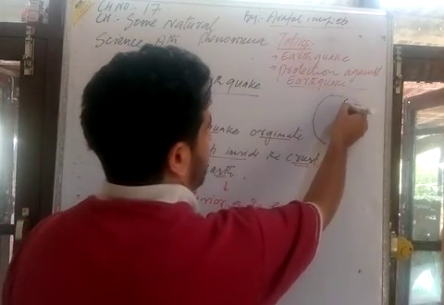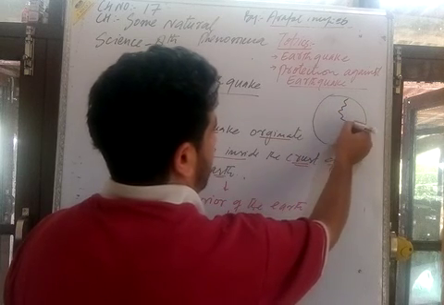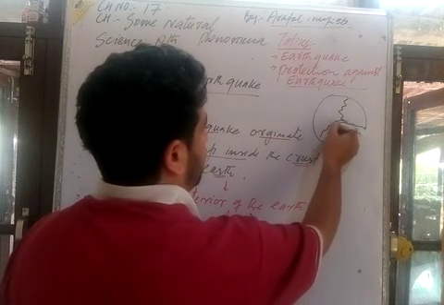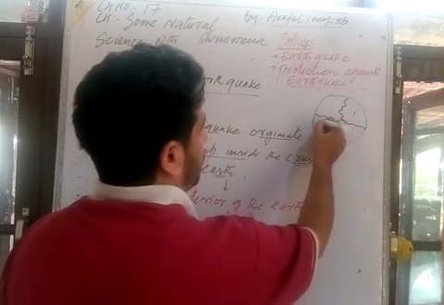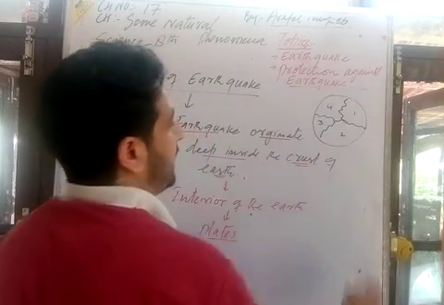We can say there are some plates in the interior of the earth. There is plate number 1, 2, 3, 4.